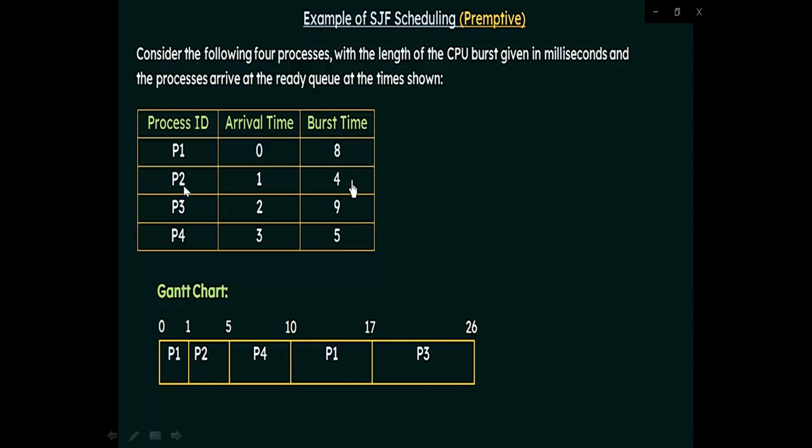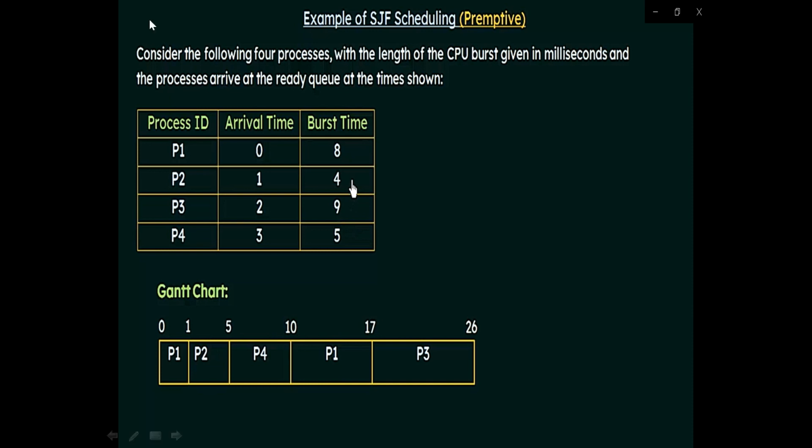So P2 is not preempted. In the case of P1, P1 had higher burst time as compared to P2, so P1 was preempted. But P3 has higher burst time than P2, so the CPU is allotted to P2 only. P2 is not preempted.